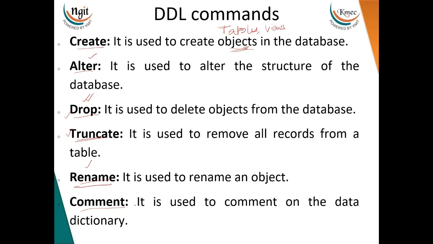Comment. It is used to comment on the data dictionary. So whatever queries or the statements you make use in performing several operations on the structure of the database, those can be commented using two hyphen symbols. These two hyphen symbols are used for single line comments.